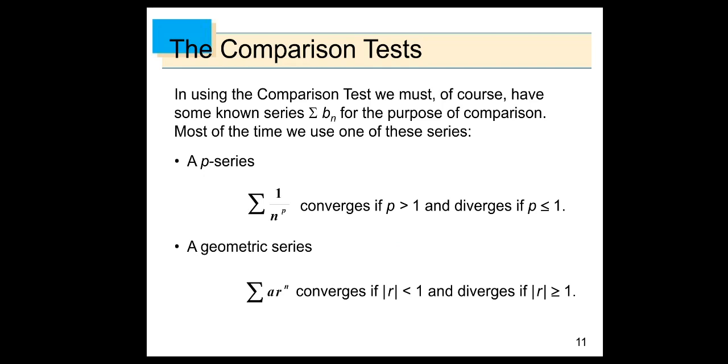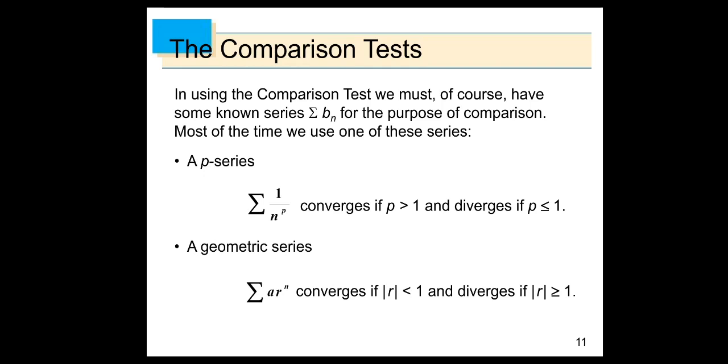Okay, in using the comparison test, we must of course have some known series, that is Σ b_n, for the purpose of comparison. Definitely we have to have b_n, otherwise we will not be able to compare, right? It would be in two forms, as I told you before: p-series or geometric series.